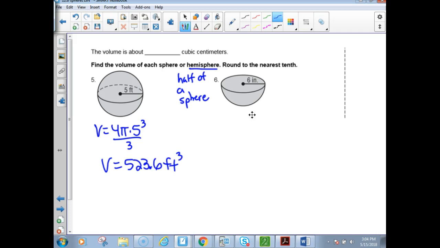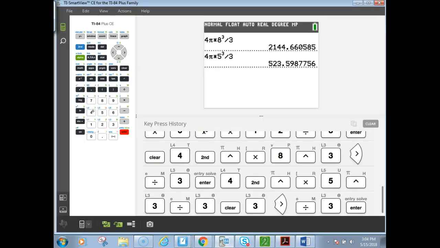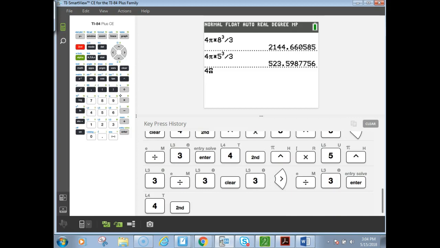Okay, and then number 6, 4 pi times 6 to the third divided by 3. But it's only half of a sphere, so we actually need to divide that answer by 2. So go with 4 pi. We can just do it all at once.